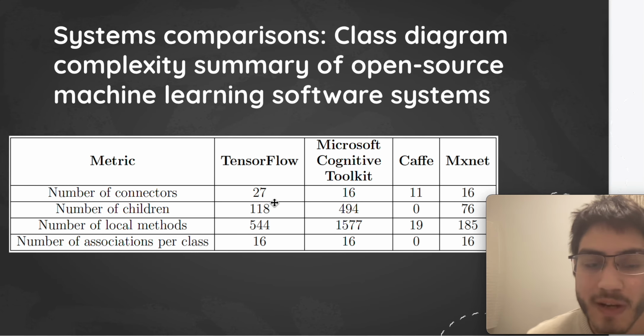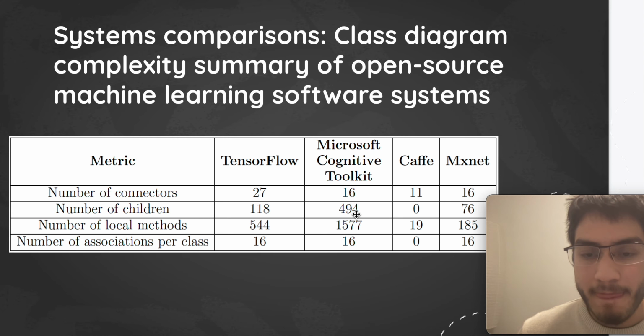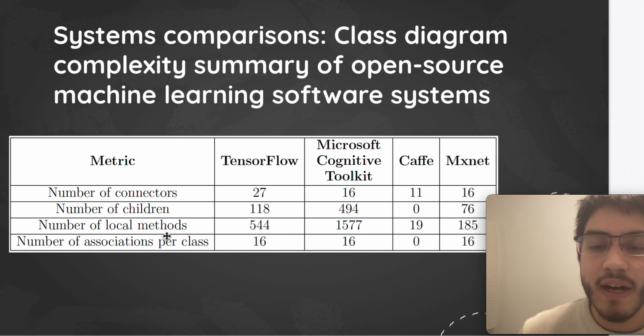For the number of children, it is Microsoft Cognitive, which tells us that the hierarchy in the architecture is higher. Also this one has the most local methods. For the association per class, we can see Cafe is the smallest one.